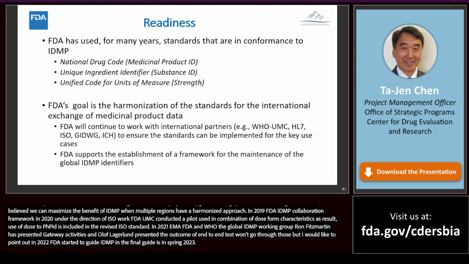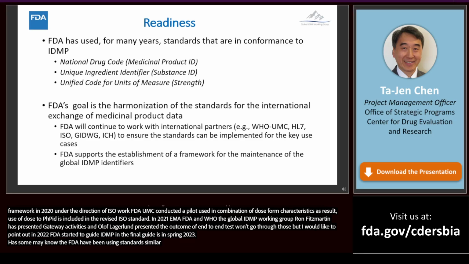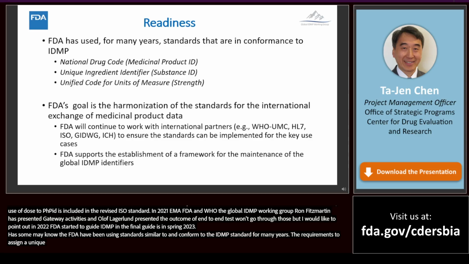As some of you may know, FDA has been using standards similar to and conforming to the IDMP standard for many years. The requirement to assign a unique national drug code to a medicinal product is similar to the requirements by ISO 11615 to uniquely identify a medicinal product and assign an ID.